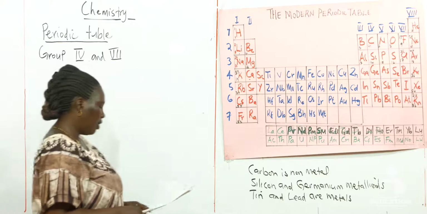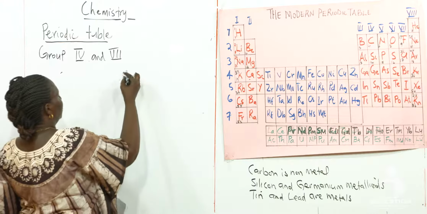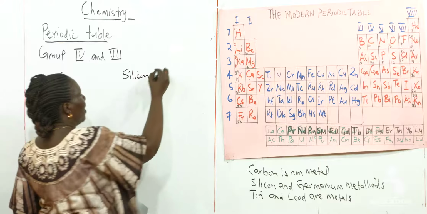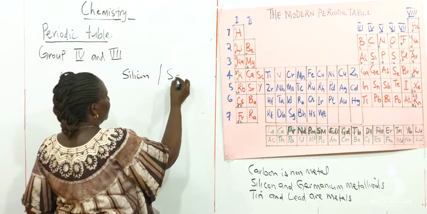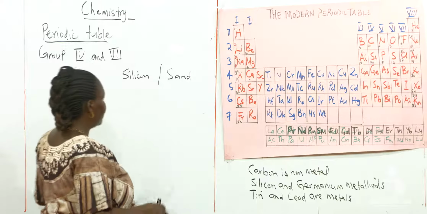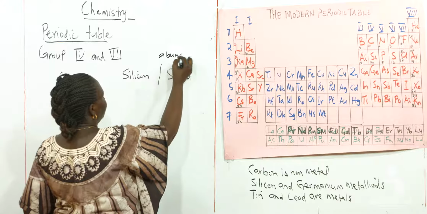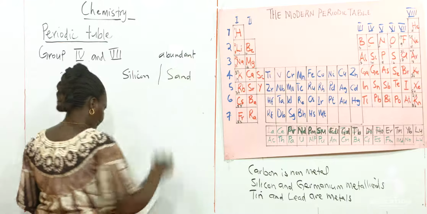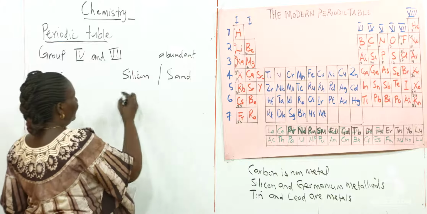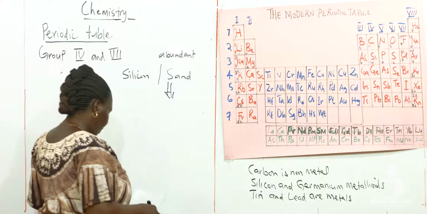Then we have silicon. Silicon is found extensively in sand. It is in abundant form in sand.